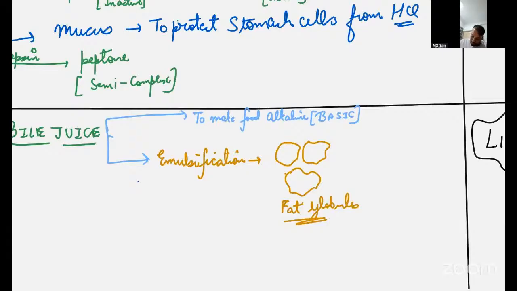Bile juice will work on these fat globules and convert them into small fat globules. It's like stone breaking, like when laborers are making a house, they break the stone into small pieces. It's like that. So big fat globules are converted into small fat globules.